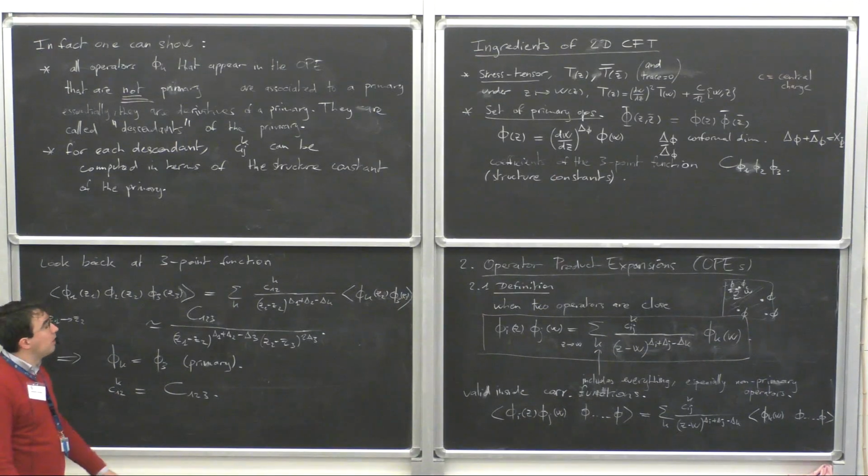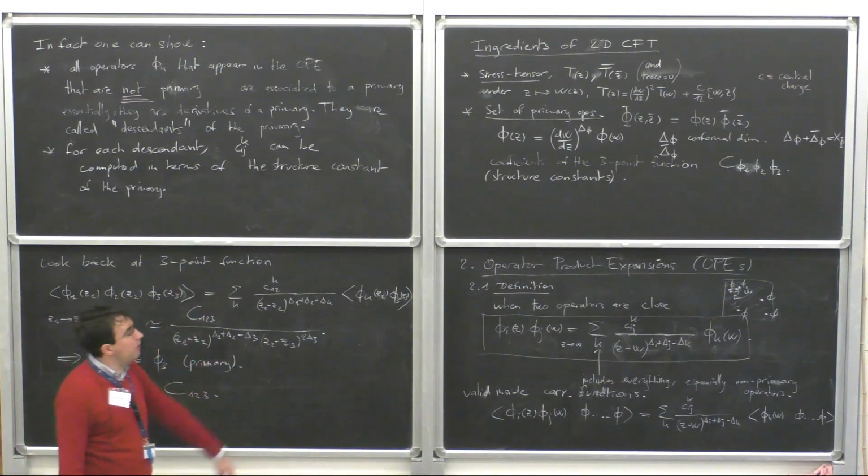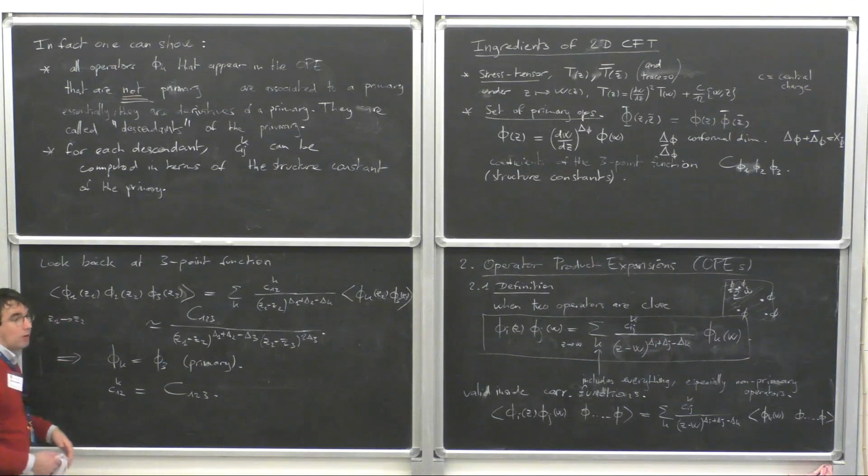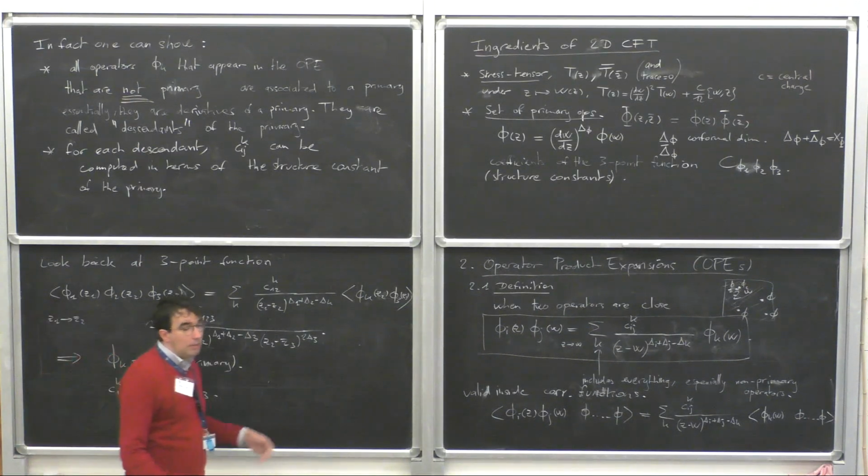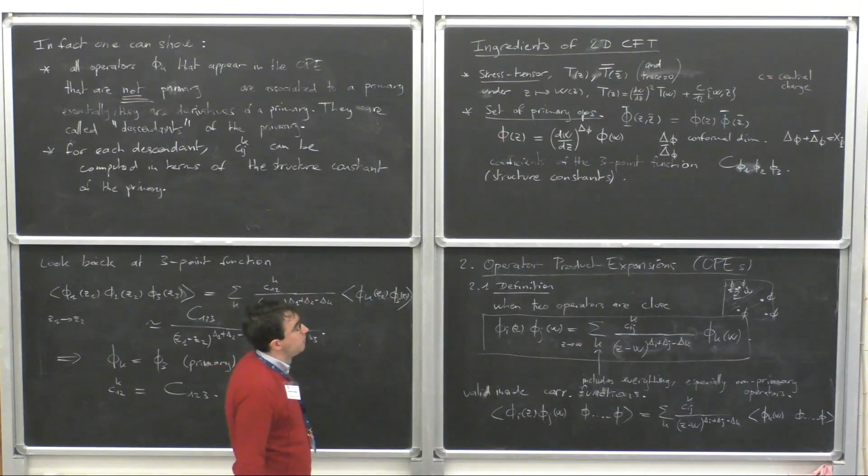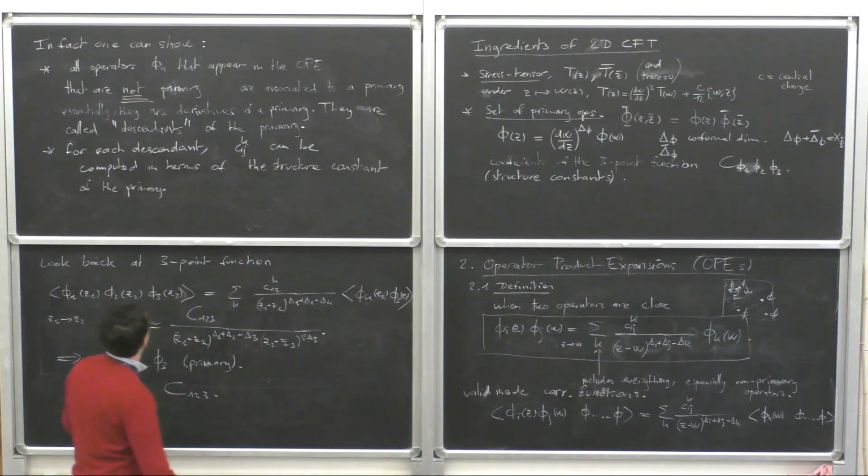Theories that have a finite number of primary fields are called rational conformal field theories. But there are many interesting theories that do not have a finite number of primary fields, for instance, what we talked about at length so far.